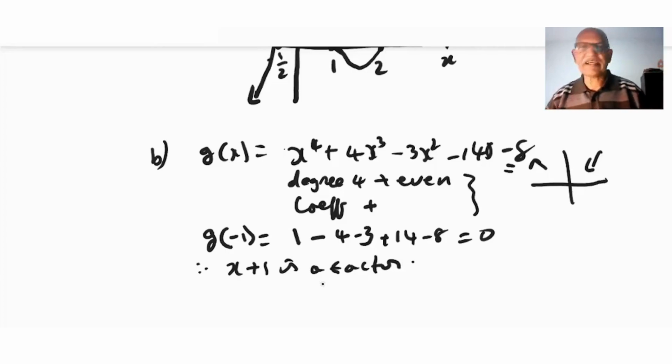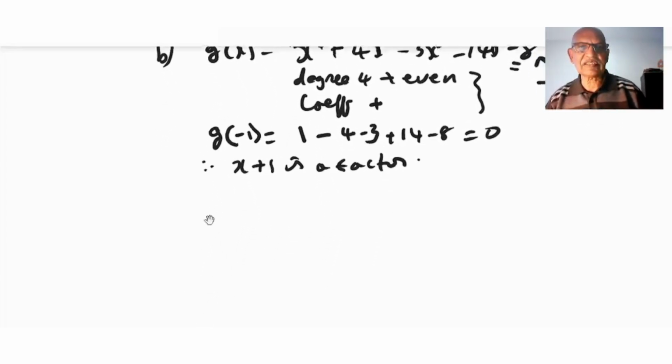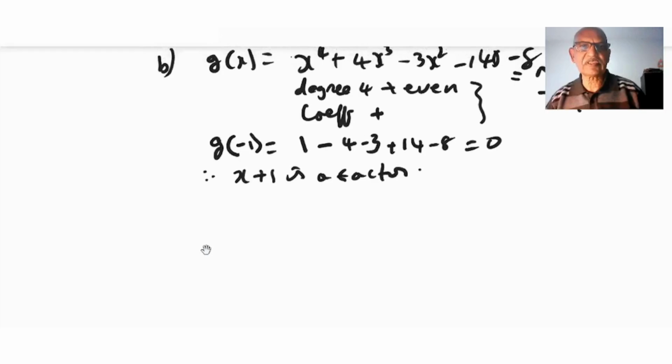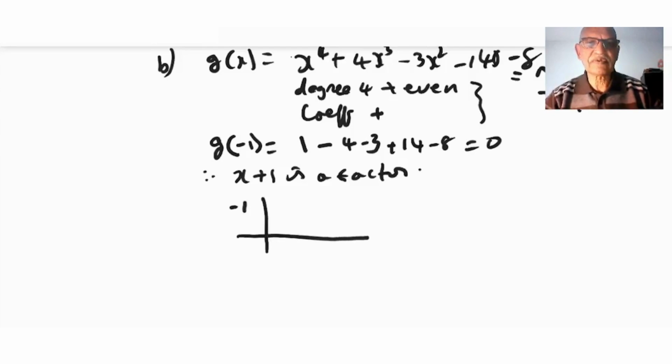Once I have one factor, I continue doing synthetic division. Synthetic division with negative 1. The coefficients of the polynomial are 1, 4, negative 3, negative 14, and negative 8. I bring down 1. 1 times negative 1 is negative 1.